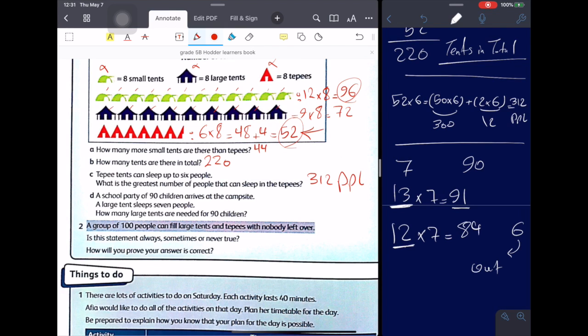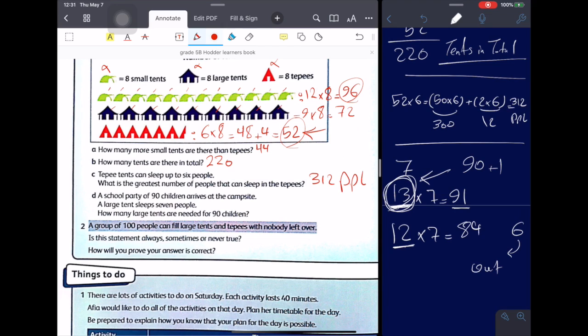But if we increase the number of the tents by 1 to reach 13 tents, we will have enough space for 91 people. Now you might say, teacher, this one person is going to be extra space in this case, and I say it's better than leaving some people outside than to have some extra space in our tents. So the answer is going to be 13 tents.